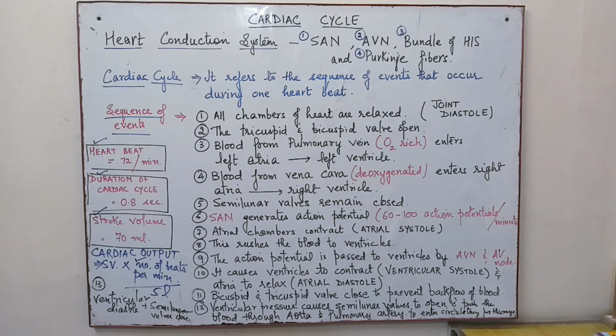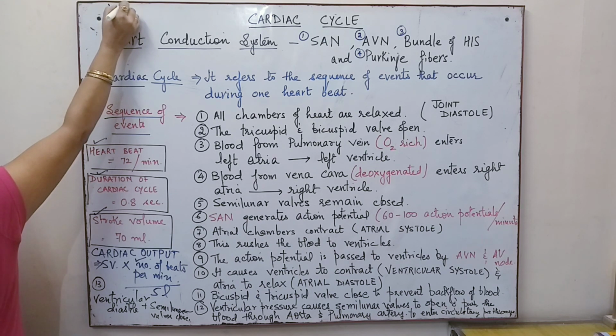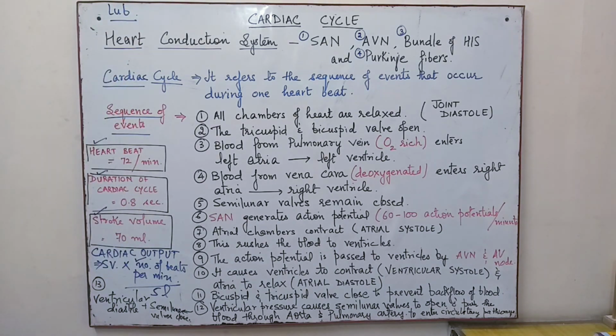Now when the cardiac cycle is studied, there are two different sounds which are heard. One sound is known as the lub sound, which is heard when the tricuspid and the bicuspid valves close.